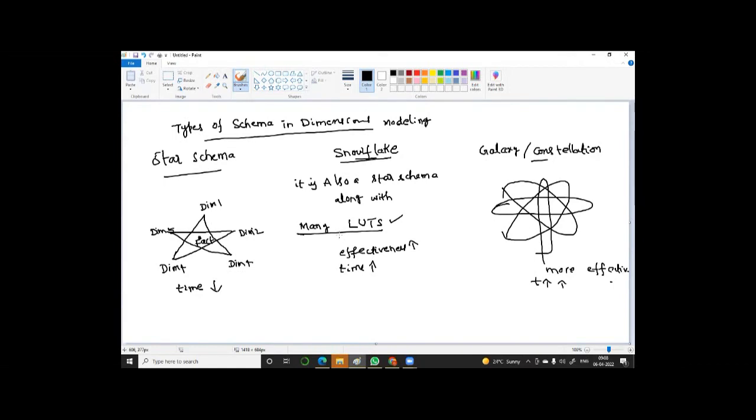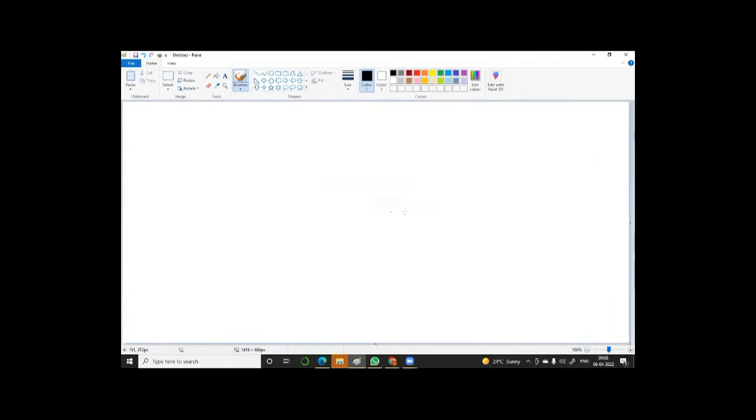Now we will see the dimensions. Here also, as I told you, there are many types. The first is the conformed dimension. The next one is the junk dimension.